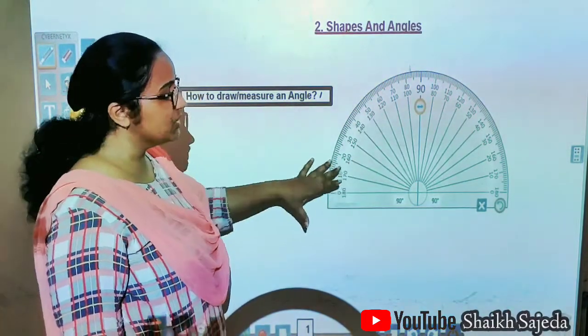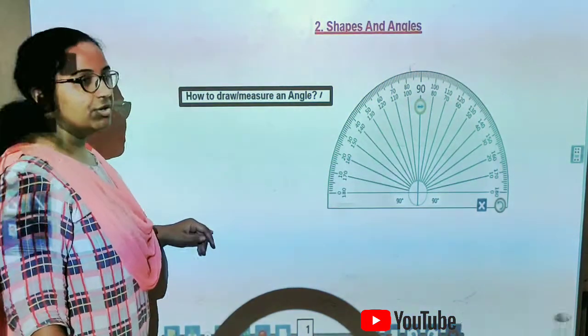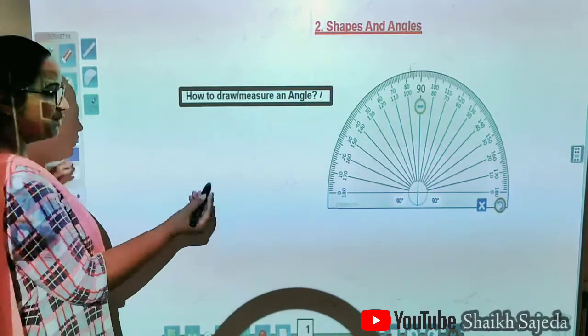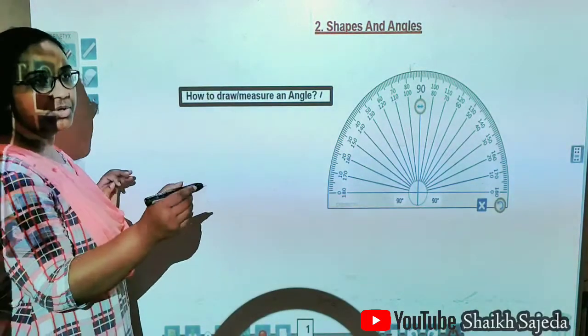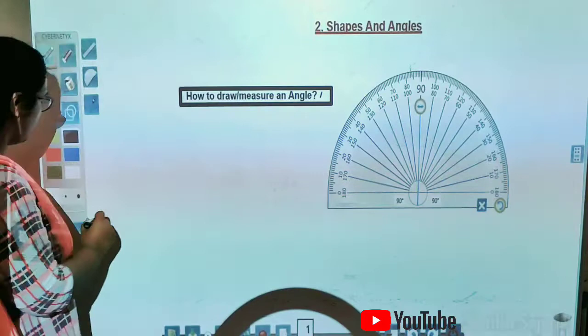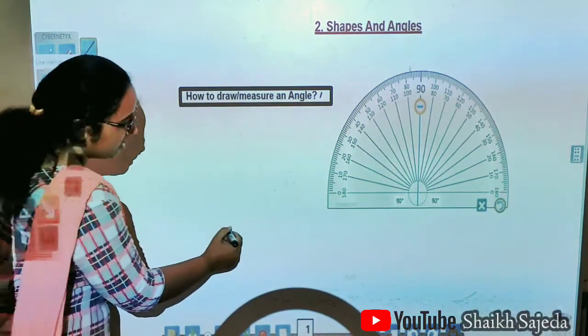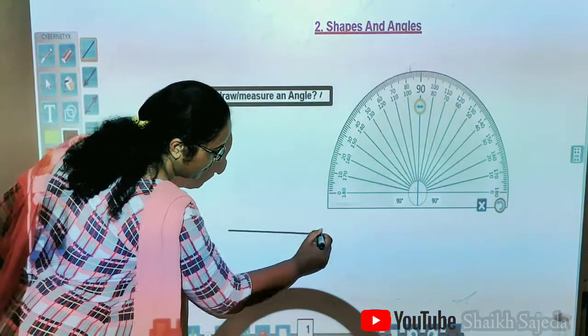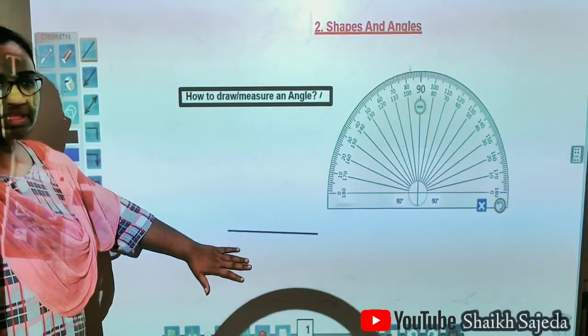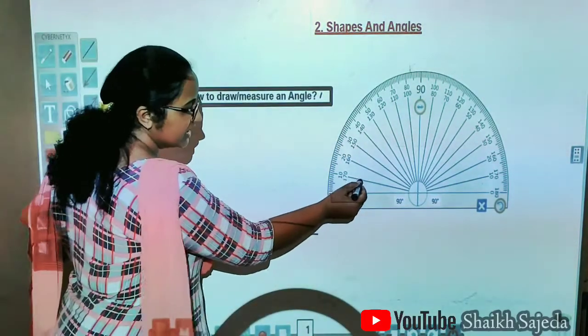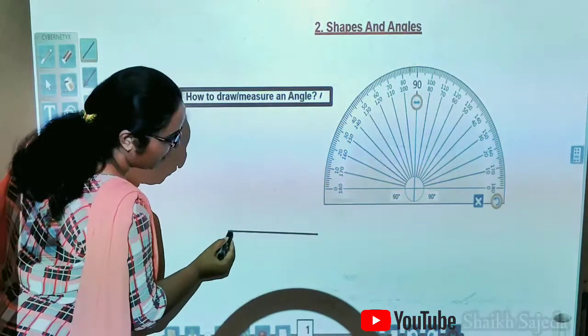This is called protractor. To draw or measure an angle, we need this instrument. Now, how to use it? First of all, draw a line or draw a point from where you want to start the angle. So, from here, I will take a line. Now, I have drawn here a line. Now, put this protractor at this point.